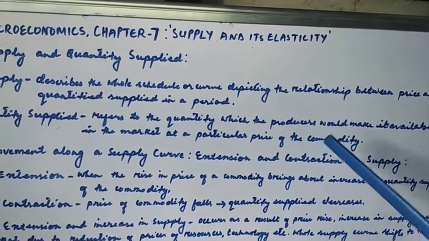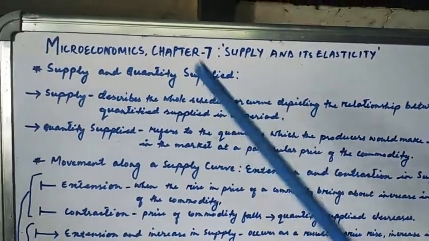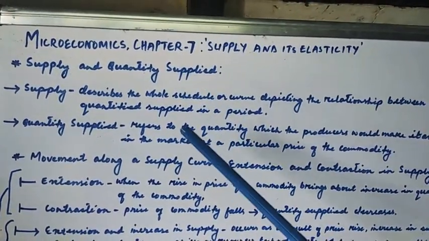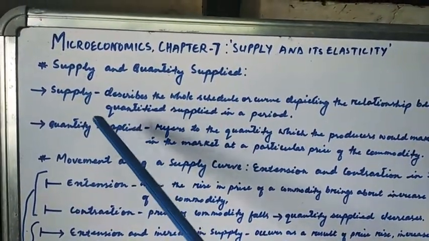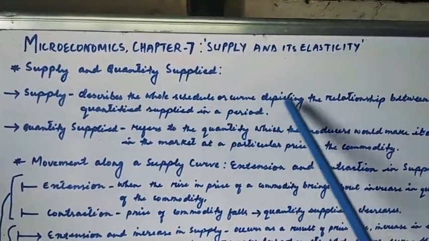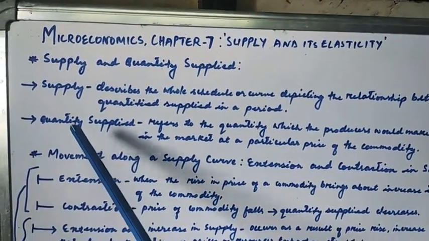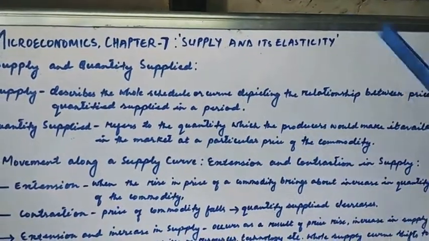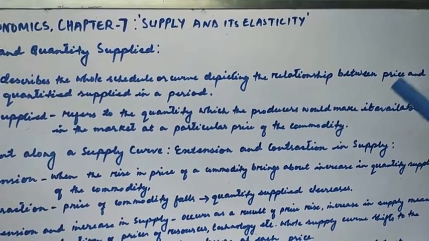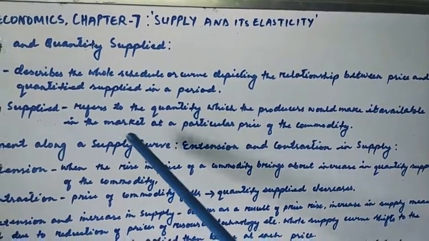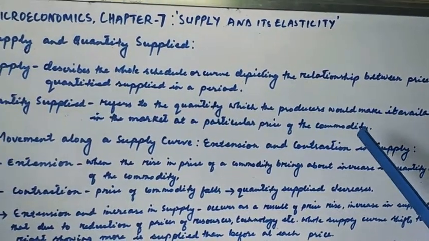They are very similar, but there is a little difference between supply and quantity supplied. In supply, we are talking about the relationship. When it comes to quantity supplied, it is the quantity which the producers make available for sale in the market at a particular price of a commodity.